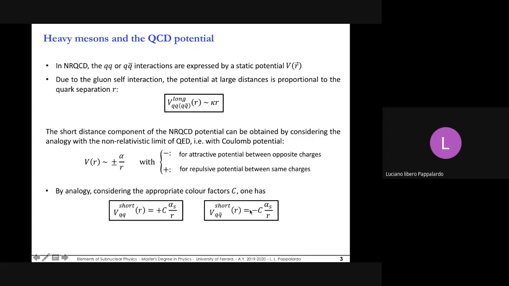This is how the potential would look like, by considering the proper color factors, those that we studied yesterday. We have a repulsive potential in case of quark-quark and an attractive potential in case of quark-antiquark. The distance dependence is exactly the same, inverse of the distance, and on top we have, of course, the strong coupling constant instead of the electromagnetic coupling constant.